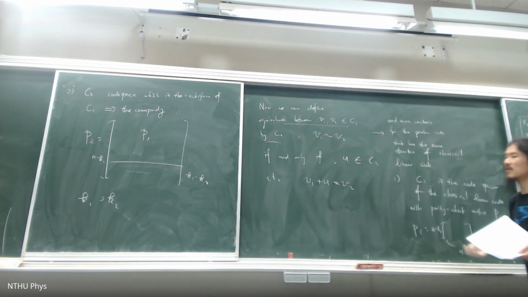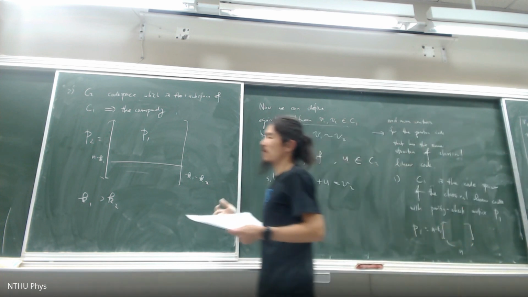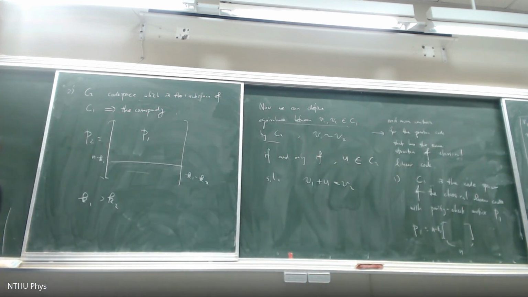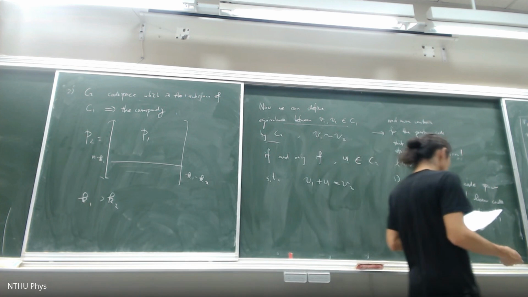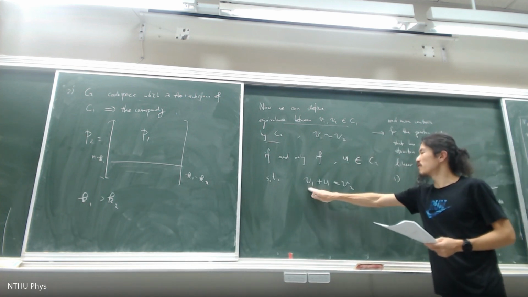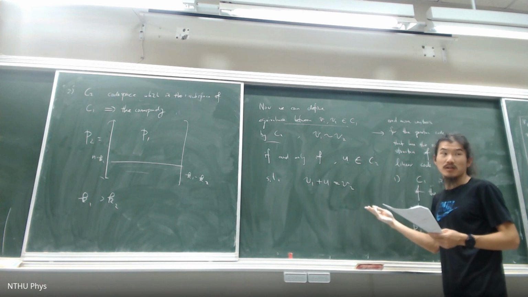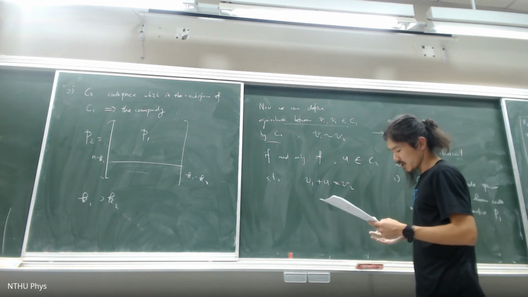So I'm basically reducing my code space further, because if these two are equivalent, they are the same. The equivalence, in other words, is trying to group V1 and V2 together.